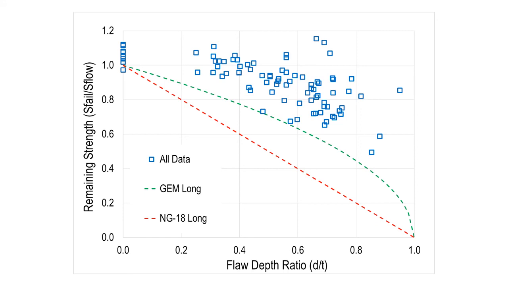The fact that there aren't any in that sort of envelope zone means that the square root relationship seems to be pretty good. Now, what's important here is the gap between the red dashed line and the green dashed line represents over-conservatism in the NG18 equation. And that represents a lot of money being spent by the pipeline operators, perhaps unnecessarily.